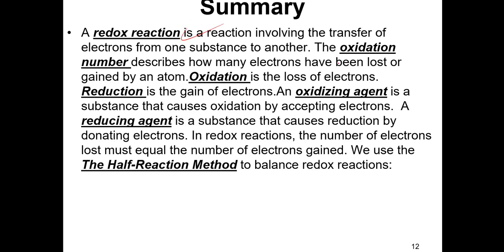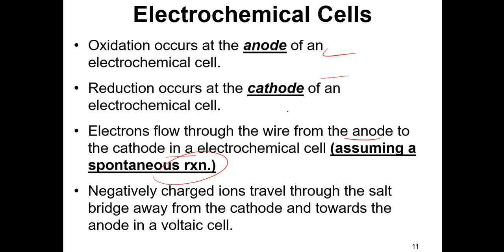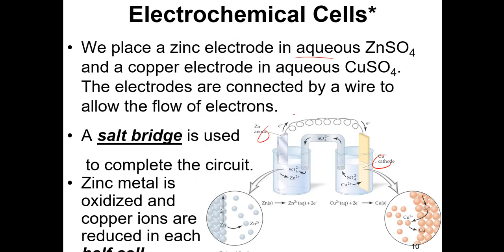So we talked about redox reactions, oxidation, and we talked about reduction. We also have these weird terms. An oxidizing agent is any substance that causes oxidation in another species. So that's a bit confusing, but let's go back to this example right here. We said that copper is reducing.